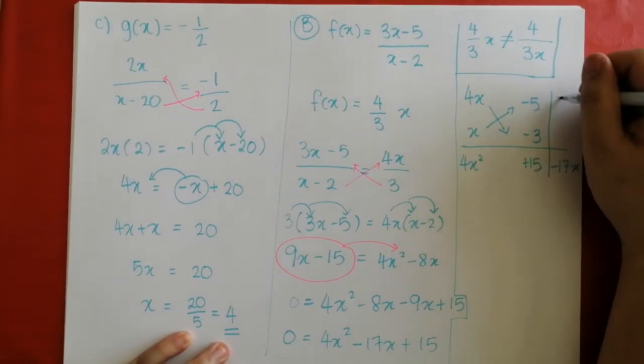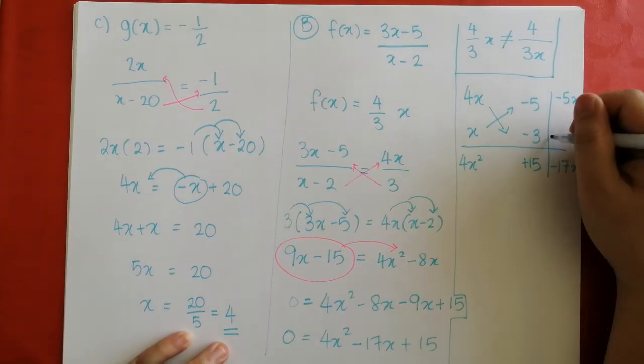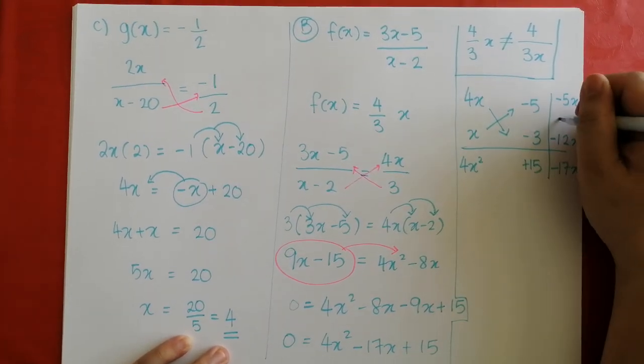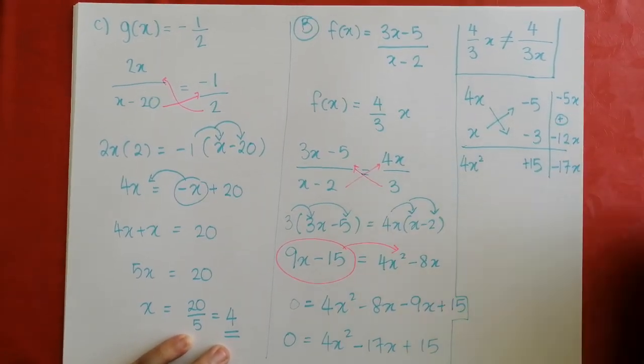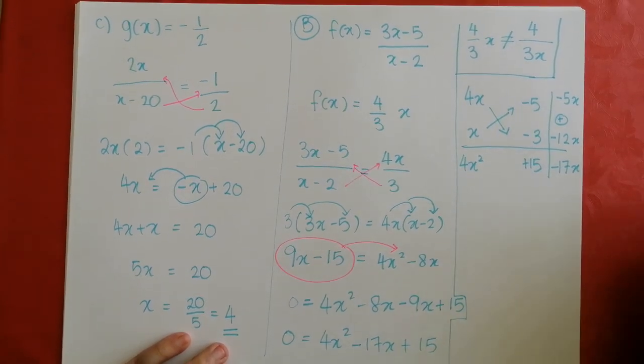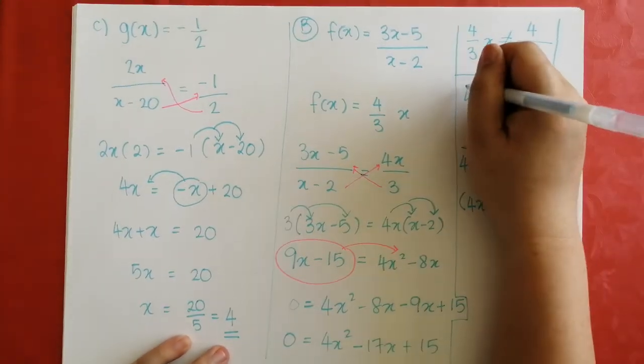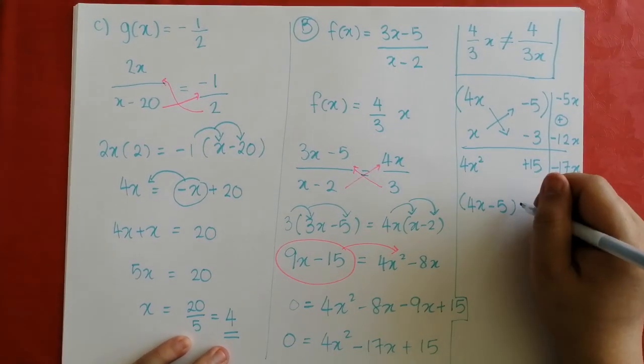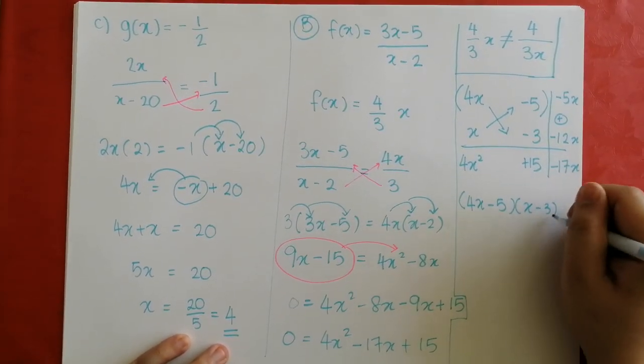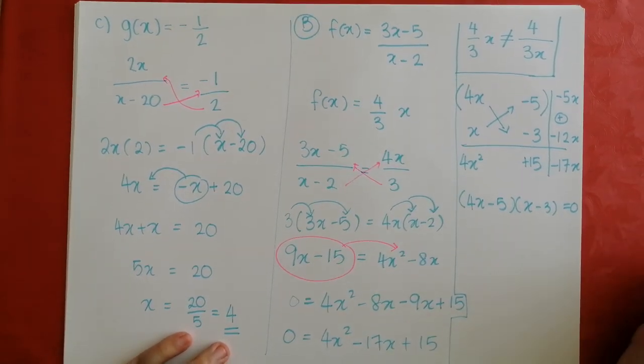Cross multiply, you have negative 5x and negative 12x. When you add them together, it gives you negative 17x. Therefore the factors will be 4x minus 5, followed by x minus 3 equals 0.